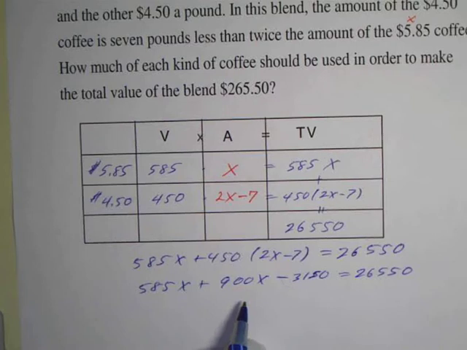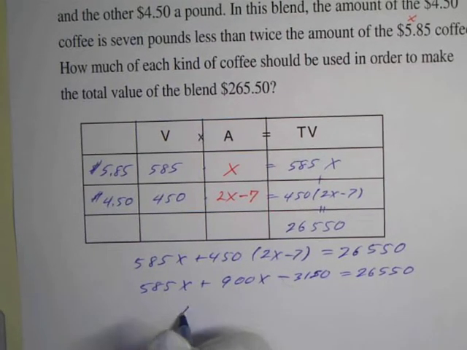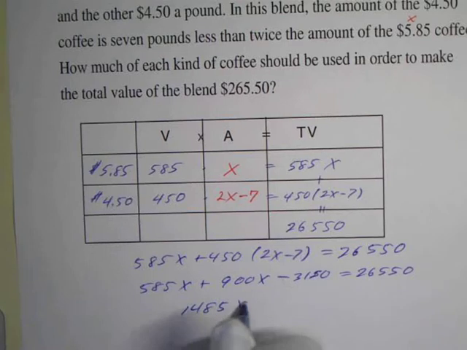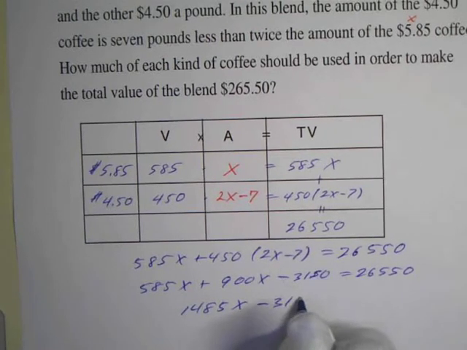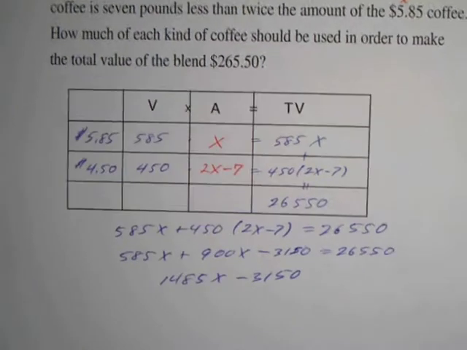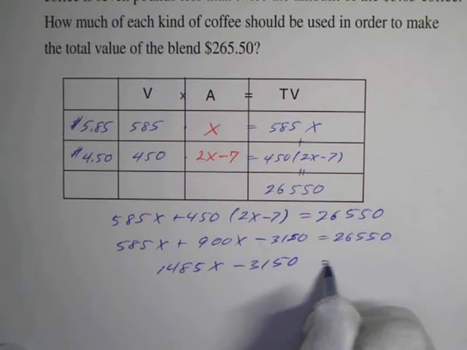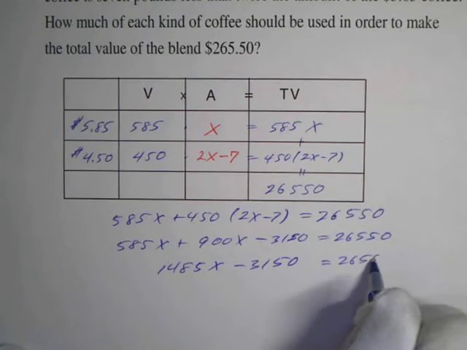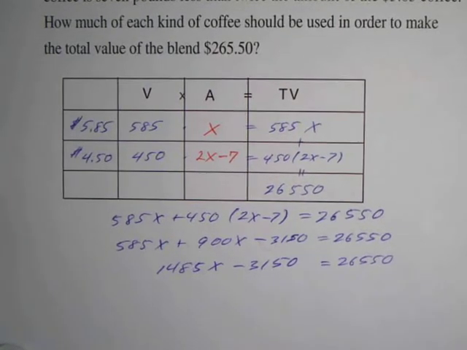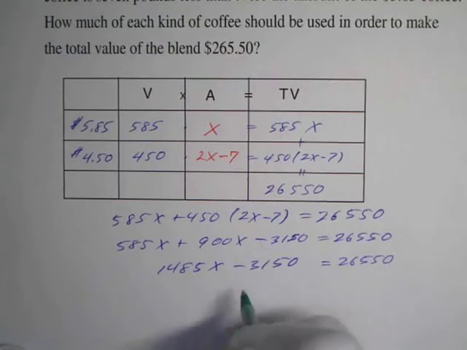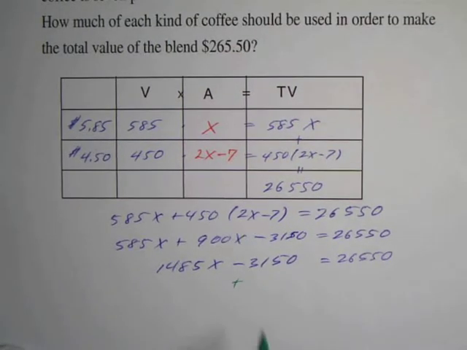So I can combine my x's, so 585 plus 900 would be 1485x minus 3150 would equal 26,550. And I'll add 3150 to both sides.